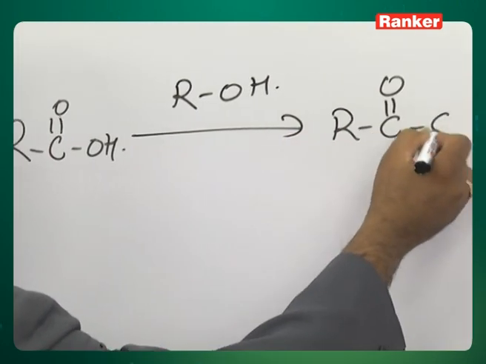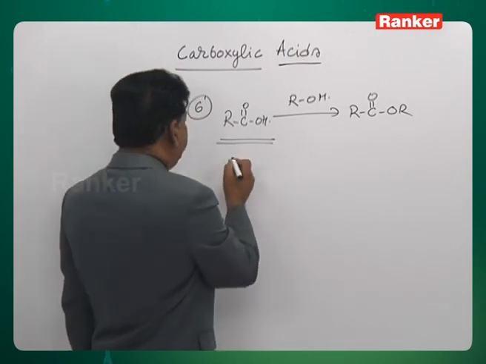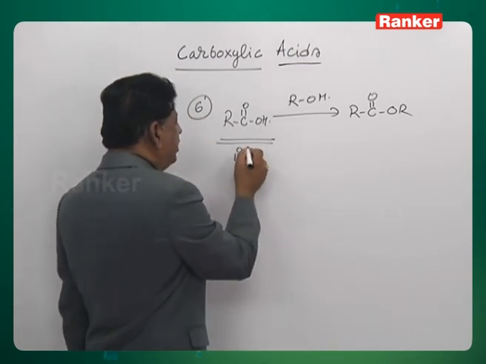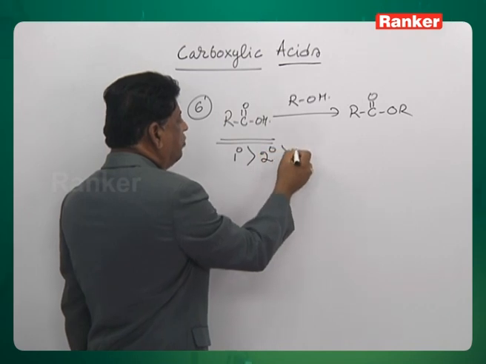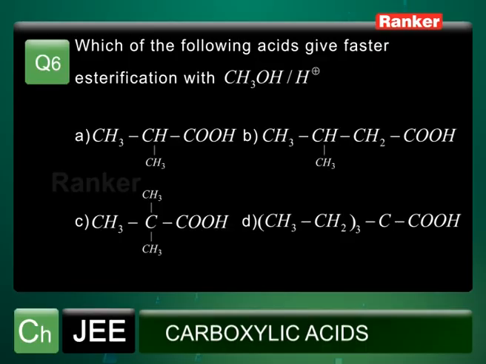During ester formation, if the alcohol is 1 degree, it reacts better than 2 degree, and 2 degree better than 3 degree. So, in the given acids, check that the first one is a secondary carboxylic acid, option B is a primary carboxylic acid, options C and D are tertiary carboxylic acids. So, therefore, option B will be the right answer.